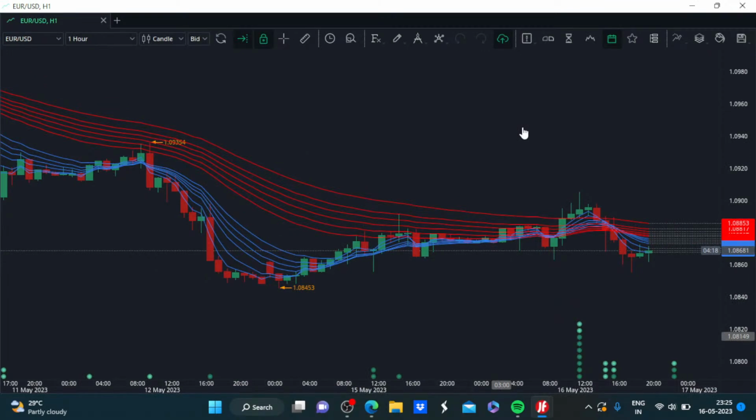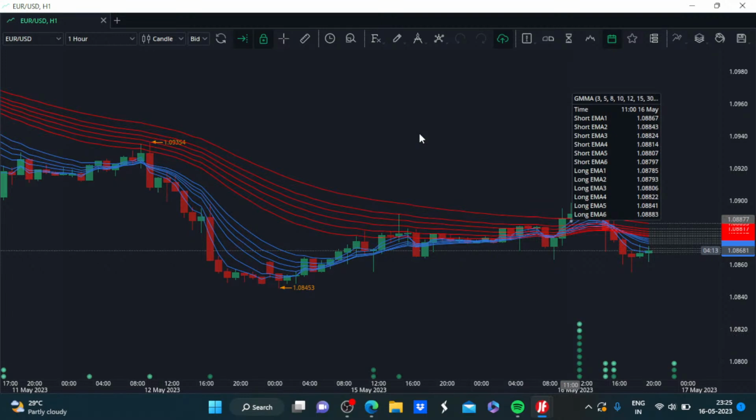Okay, we got the chart as well. Now both things are starting to work at the same time. Interesting.